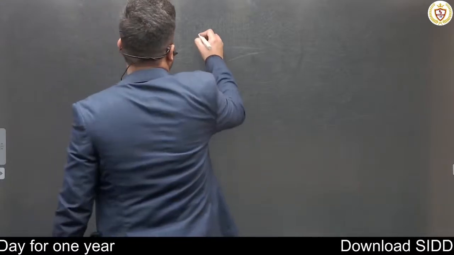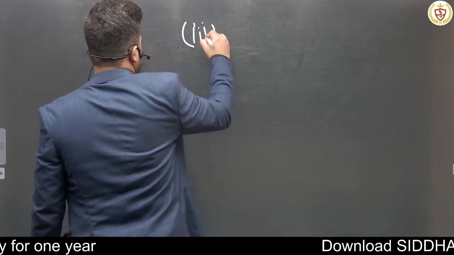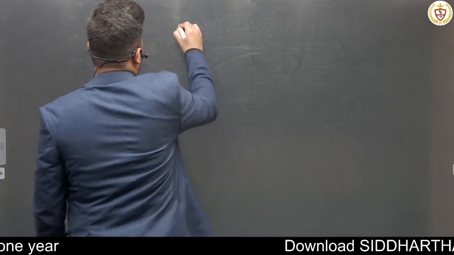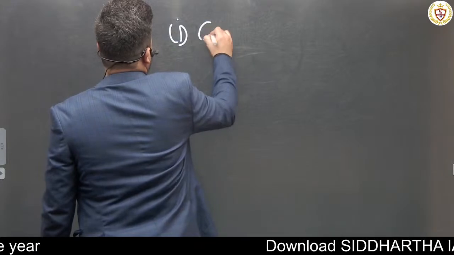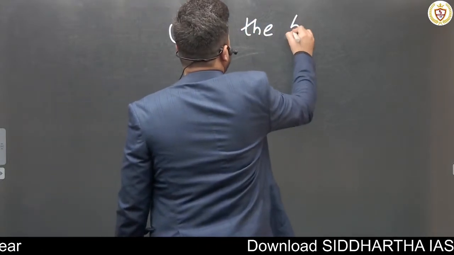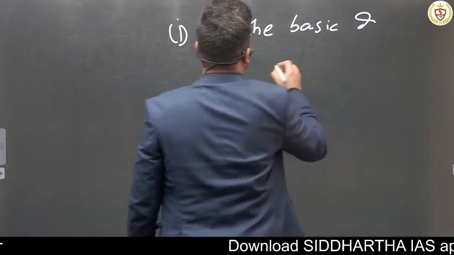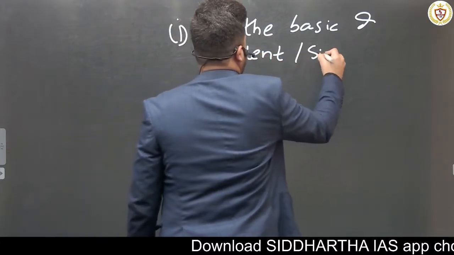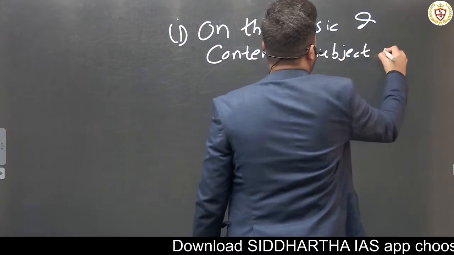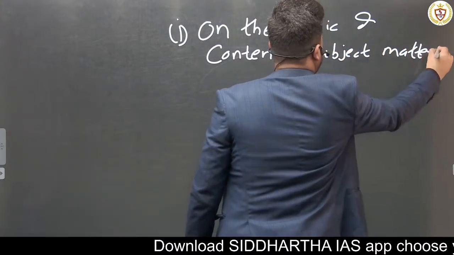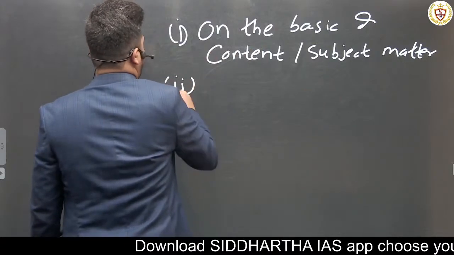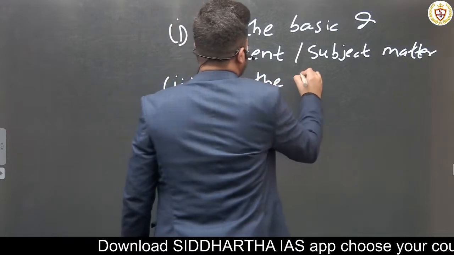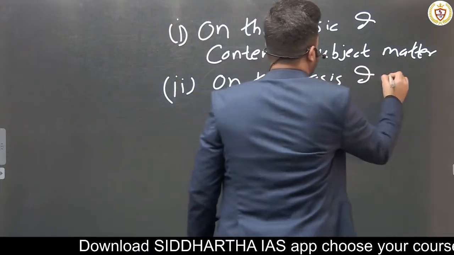Then the third basis of classification is, let me write first, on the basis of content and subject matter. In this we have seen six classifications. Second, on the basis of availability.